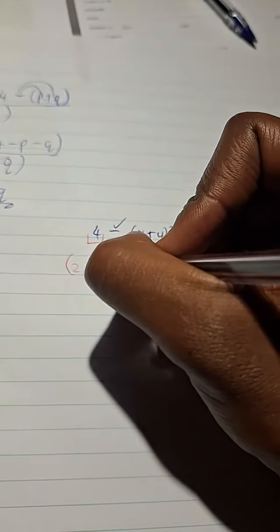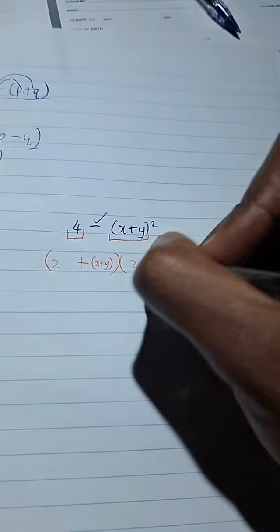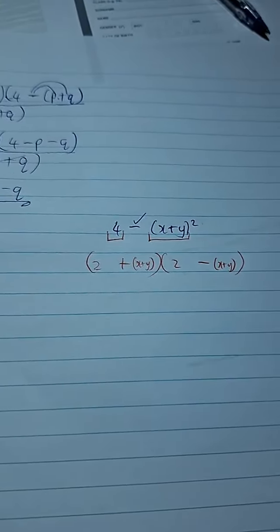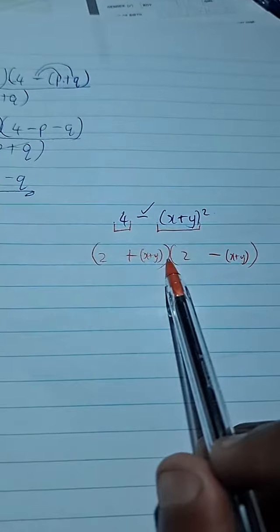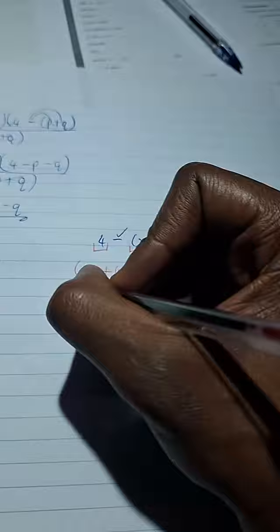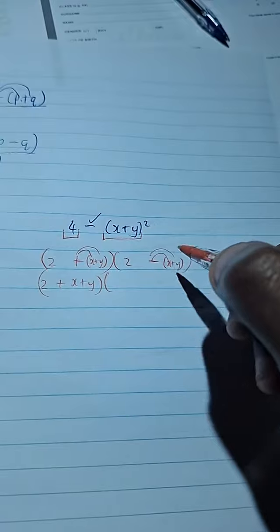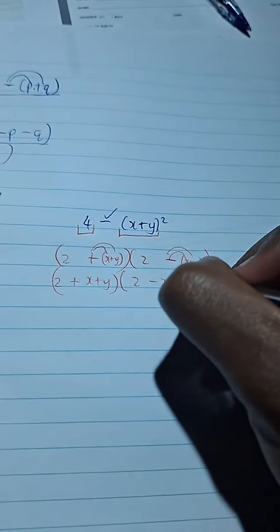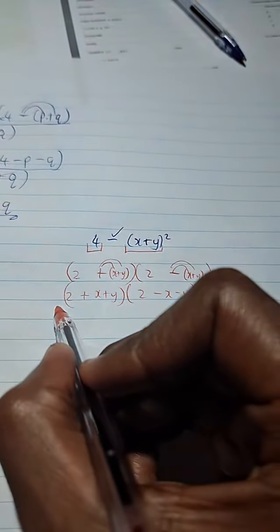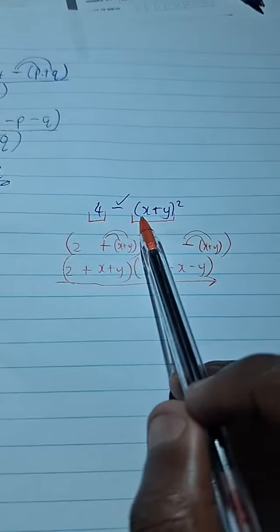That means in brackets you can write x plus y, and here you can also write x plus y. All right, and then from there you make sure you simplify each bracket, so for the final answer, you distribute this positive sign, you get 2 plus x plus y. And lastly you distribute this negative sign so that you get 2 minus x minus y, and that basically is the factorized form of the answer, 4 minus x plus y, the whole thing squared.